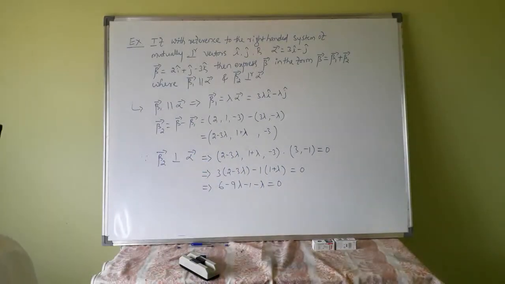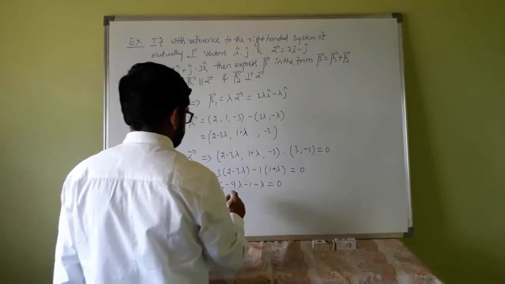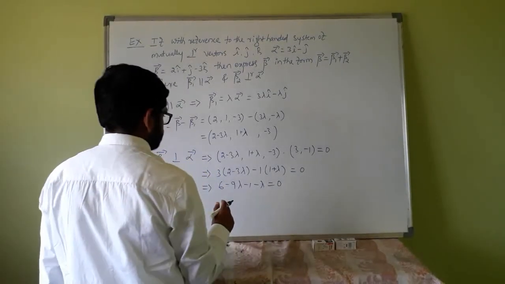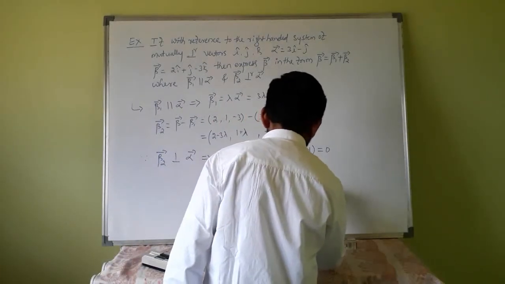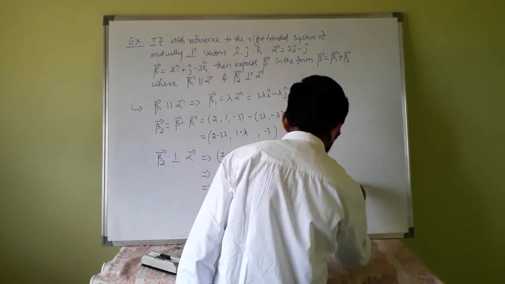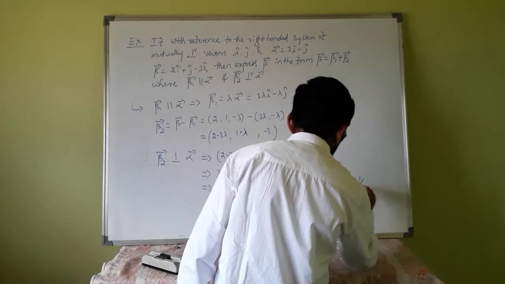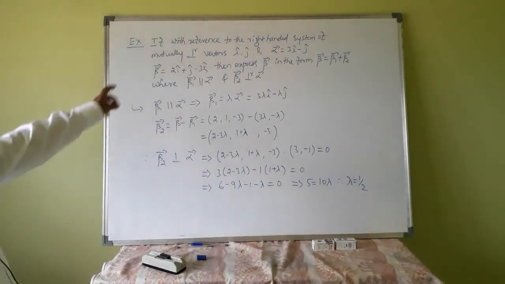Is it correct? This is equal to 10. 5 is equal to 10 lambda. Therefore, lambda is equal to half.